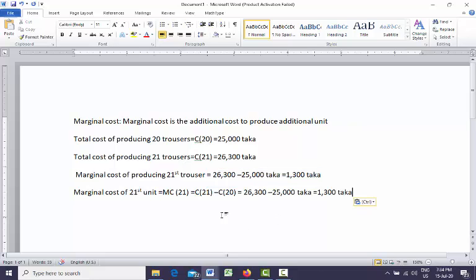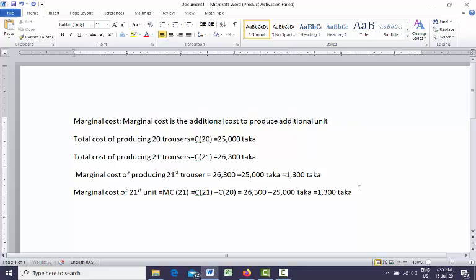So if you want to find the marginal cost of the 21st unit, you need to take the total cost of 21 units minus the total cost of producing 20 units.